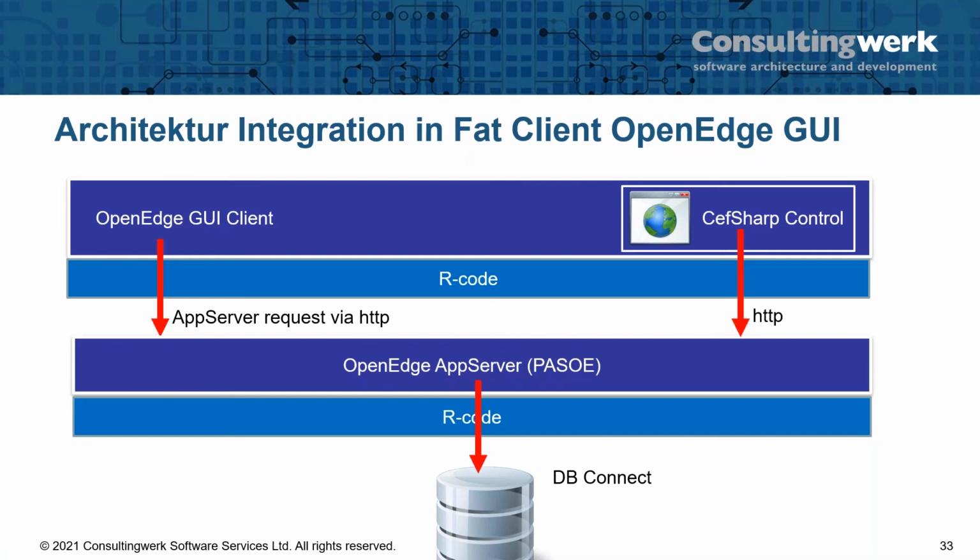We could be serving the requests made by an Angular application running within the CefSharp browser control. And this architecture looks a bit cleaner. We only have one path towards the database, and it's also much cleaner regarding where the R code with business logic is, because all the business logic is now running on the app server. That would lead us towards a step-by-step migration of functionality from the GUI application into the app server and a modern web front end.